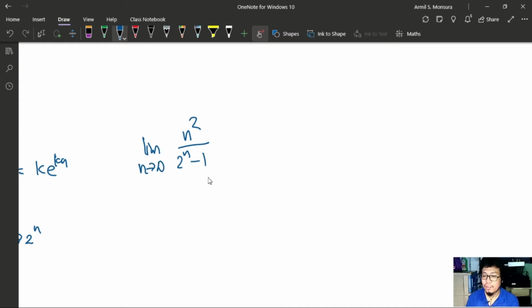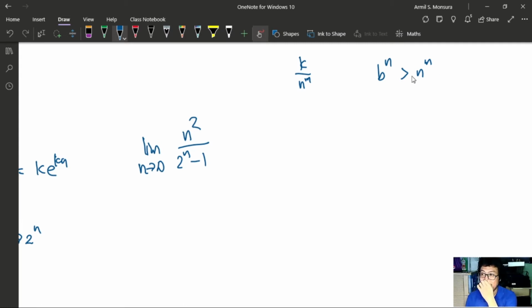Now, if you cannot make the form k over n raised to m out of this, remember that in general, b raised to n is greater than n raised to m, for given values of b and m.